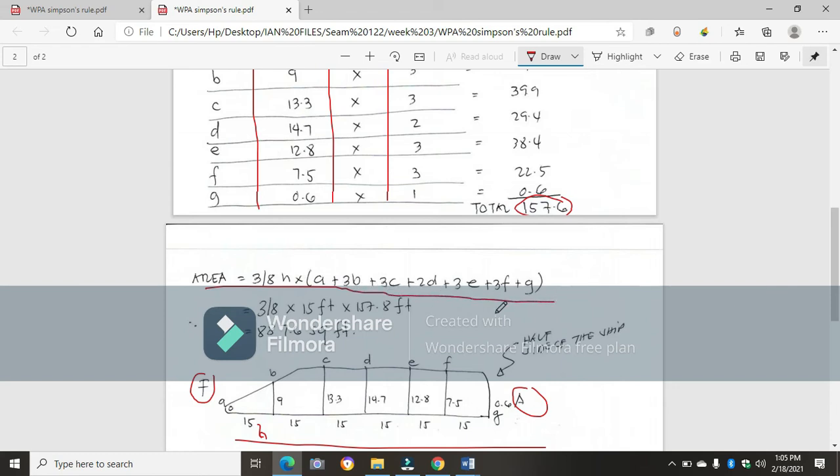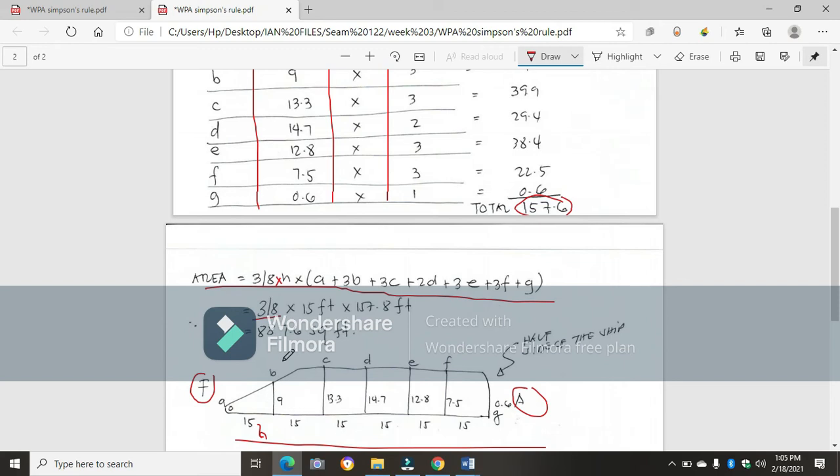So what is the formula of Simpson's rule number 2? 3/8 times h, times A plus 3B plus 3C plus 2D plus 3E plus 3F plus G. Okay, so 3/8, how are you going to convert this into a whole number? 3 divided by 8 equals 0.375 times 15 equals 5.625.